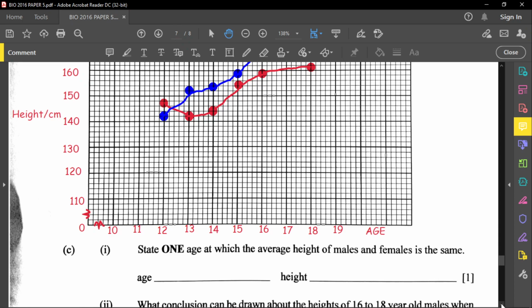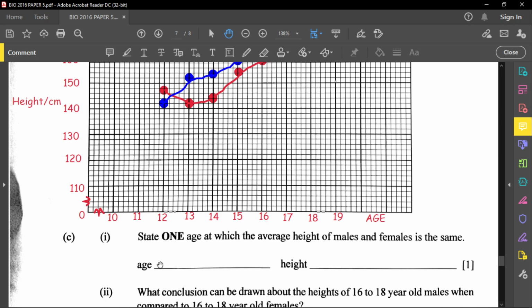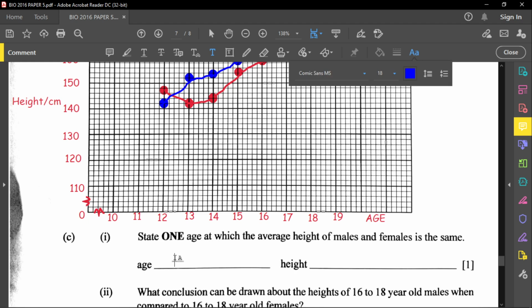Going across, in terms of age on the x-axis, you get 12.2, so it'll be 12.2 years. In terms of height, that will be 144.5. So 144.5 will be the average height when they are both at the same age.